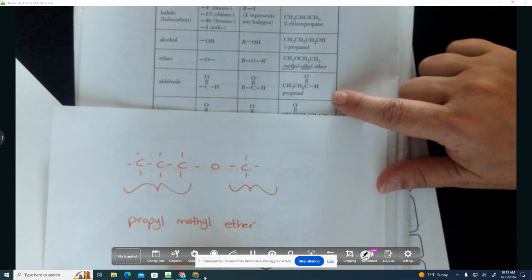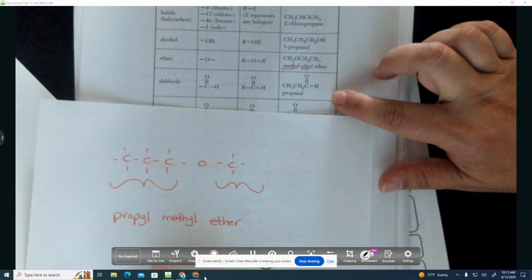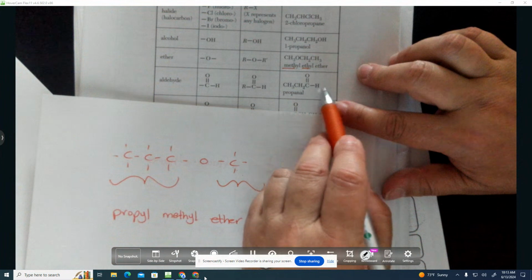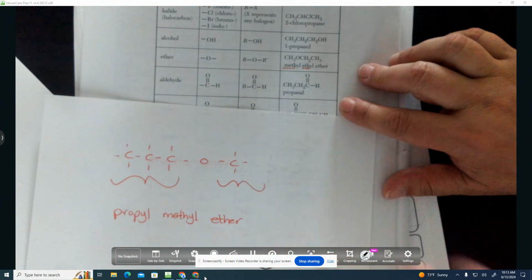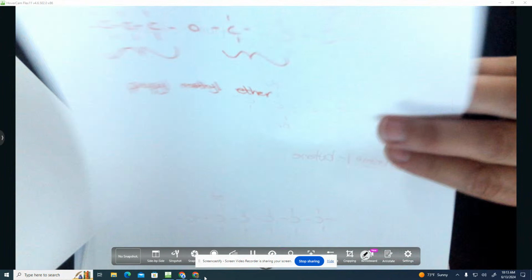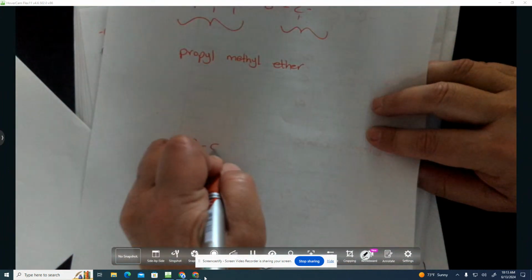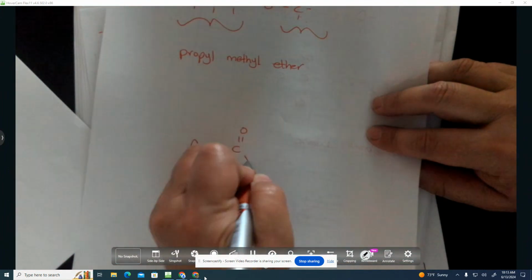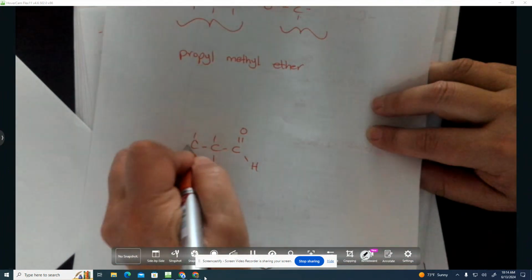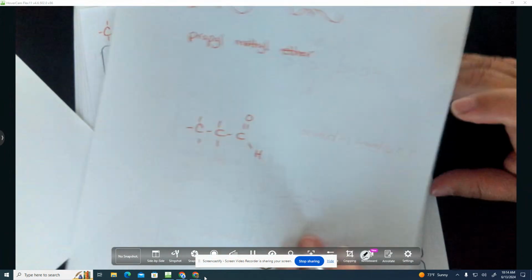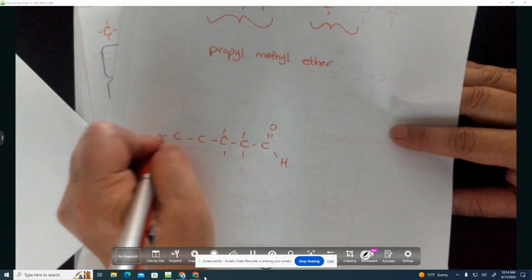The next one is an aldehyde. An aldehyde has a double bonded O and an H at the very last carbon. 1, 2, 3. I think that's the example they gave you. Let's make it bigger.